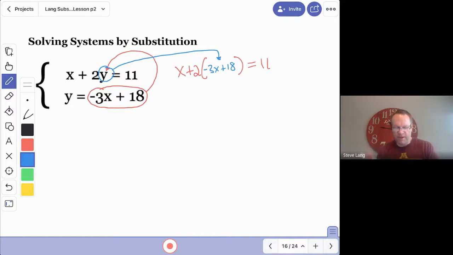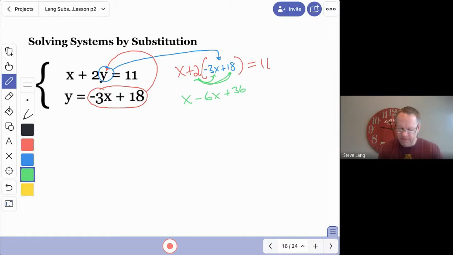So you're going to replace and then distribute. Now I do 2 times this and 2 times this. And don't be afraid to use your calculator at this point. When you do 2 times -3, that's -6. So you can just write it as subtract 6x. And then 2 times 18 is 36.